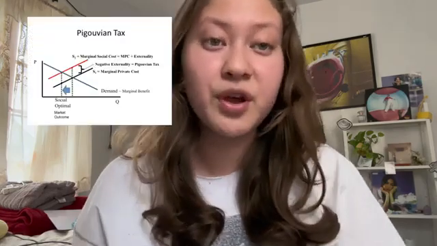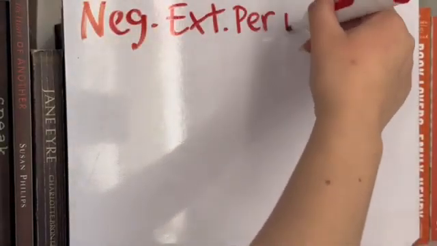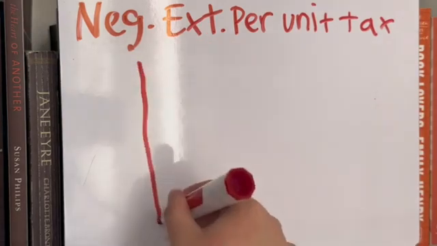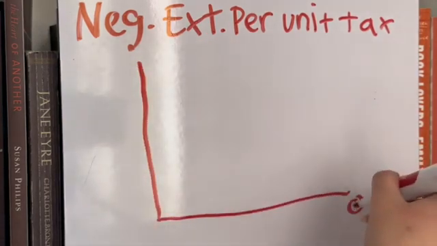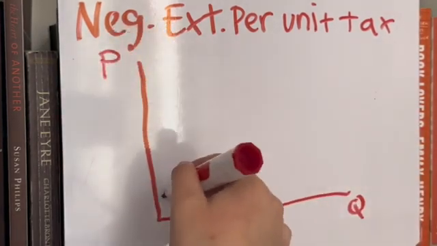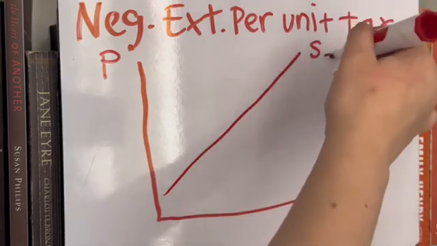The answer is yes. Both answers include Pigovian taxes and subsidies. For negative externalities, a solution would be imposing a per unit tax on the production. And here is the graph to explain a little bit more. Negative externalities per unit tax. In order to fix the negative externality, the government will impose a per unit tax on the good or service.